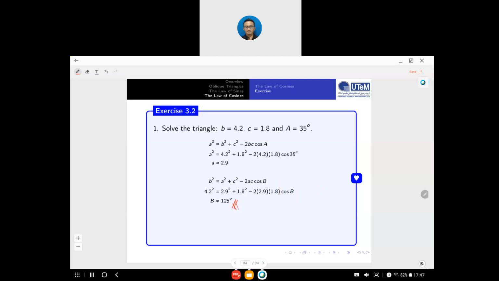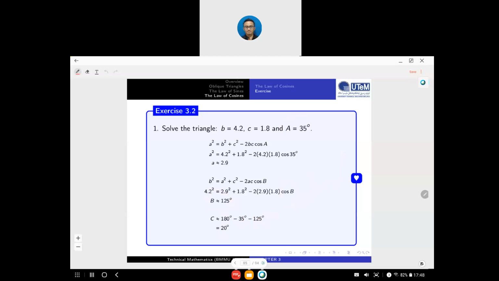Then, since you already have B and A, we can get C by using 180 degrees minus 125 degrees minus 35 degrees. So C is 20 degrees. Okay?